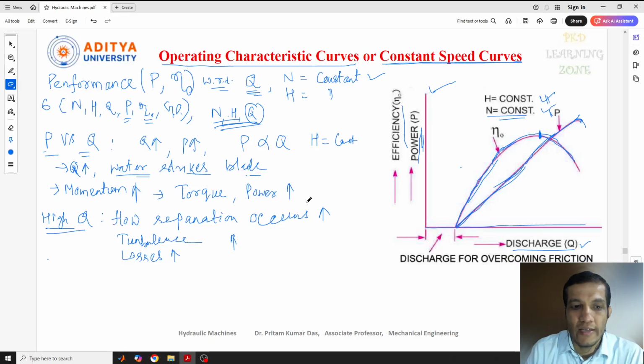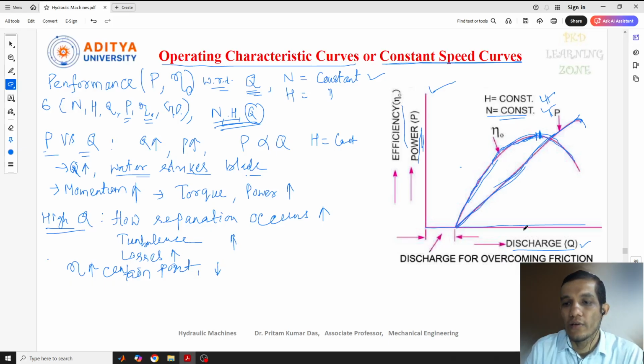Due to this, up to a maximum point the efficiency will be increased, and after that it started falling down. Efficiency increases up to a certain point, and after that it falls. That means decreasing: however much discharge is increased, it won't give any benefit to the efficiency.